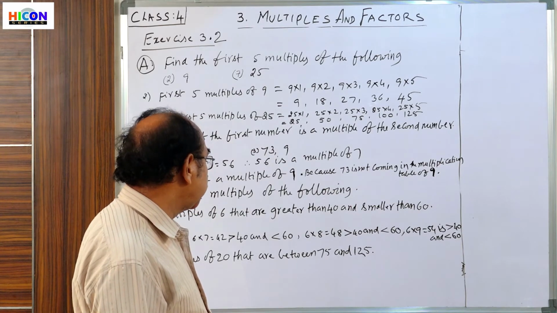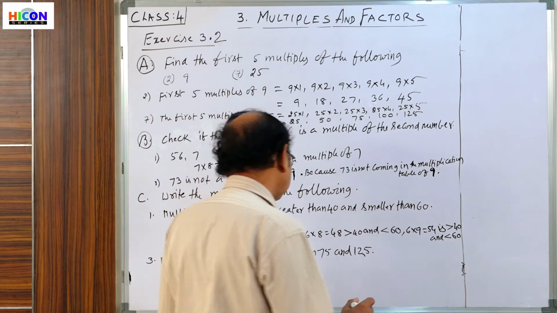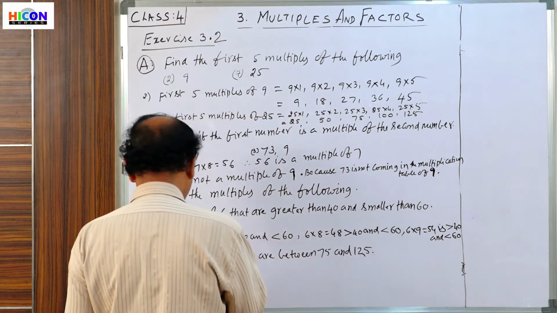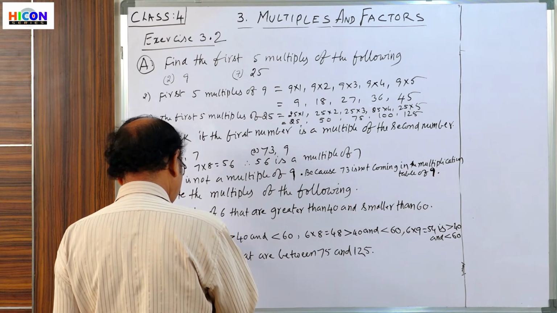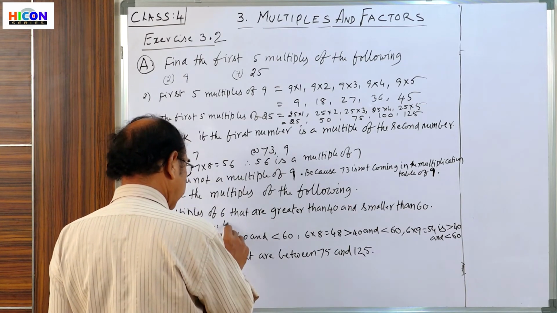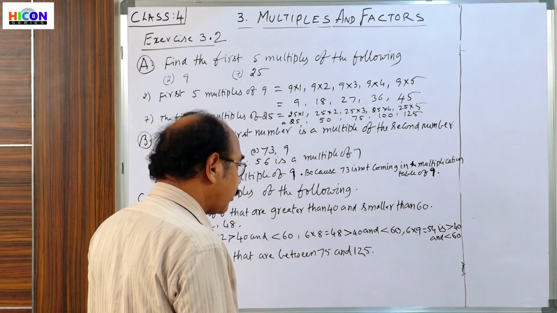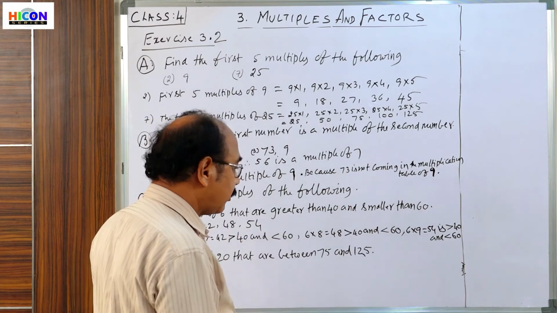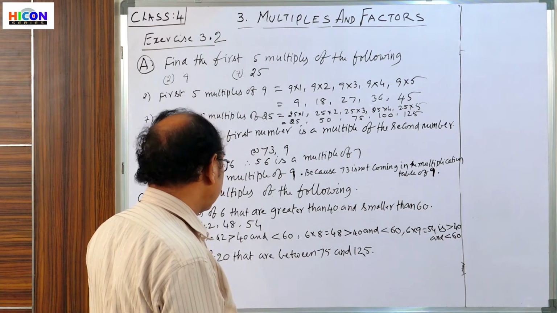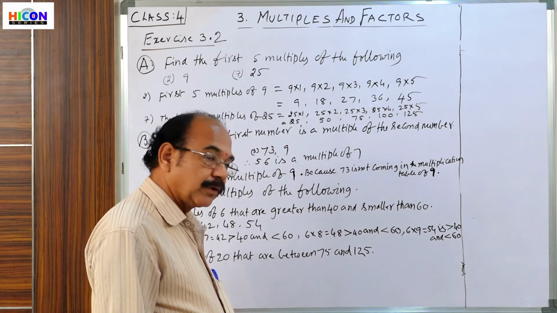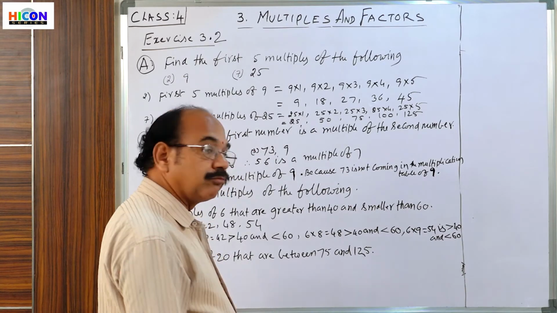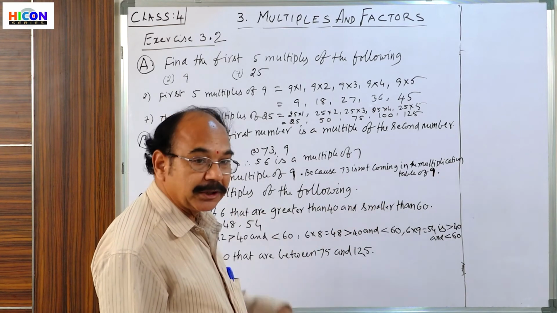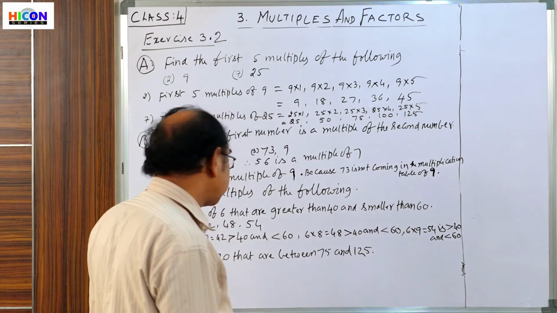So what is the answer we say here? 42, and 48, and 54. 60 is not considerable. Why? Because 60 is greater than 40, but it is not smaller than 60. Okay, children, understand?